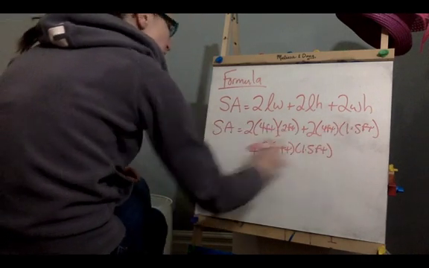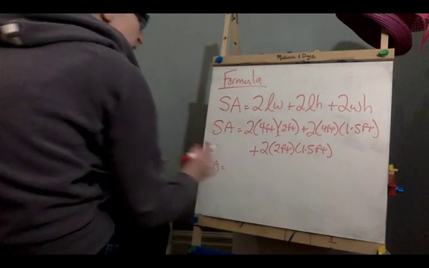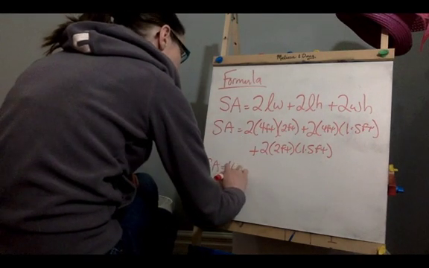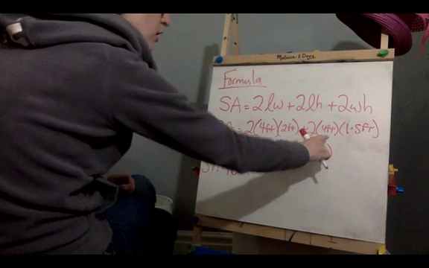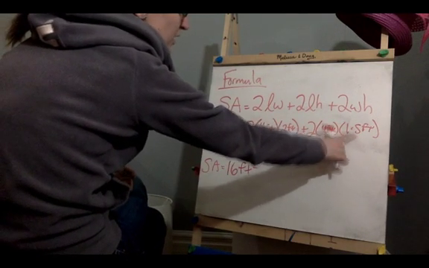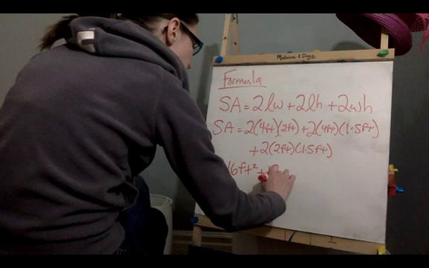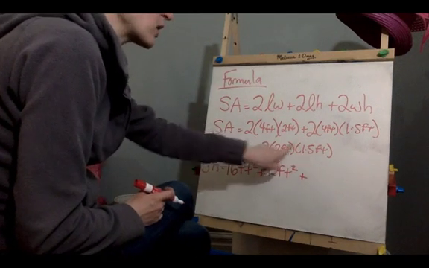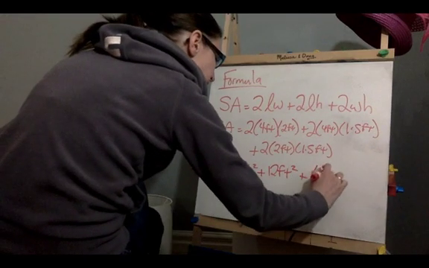If we did each of these as a little section, 4 times 2 is 8, and 8 times 2 is 16, so that would be 16 feet squared. 4 times 1.5 is 6, and 6 times 2 is 12, plus 12 square feet. And then 2 times 1.5 is 3, and 3 times 2 is 6.